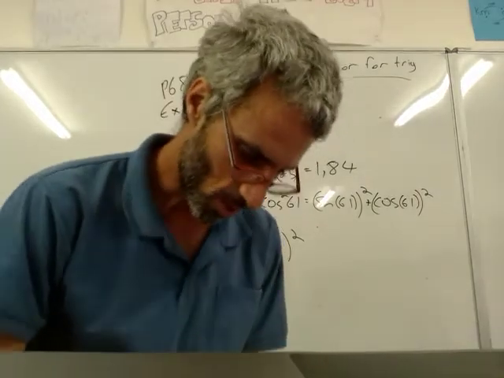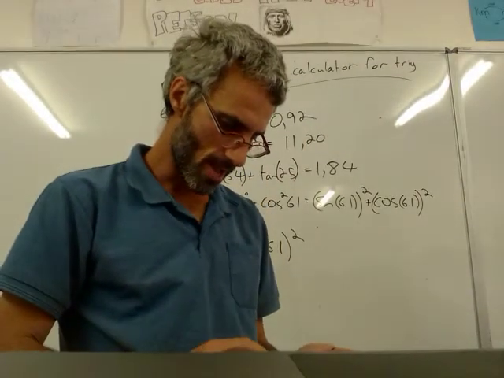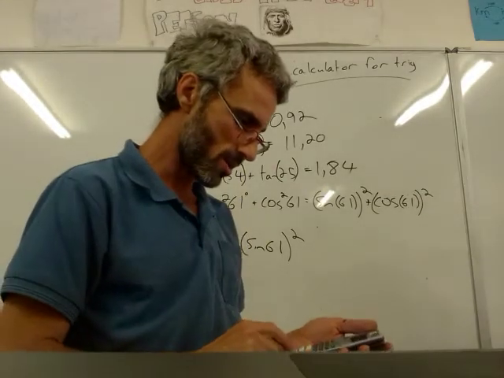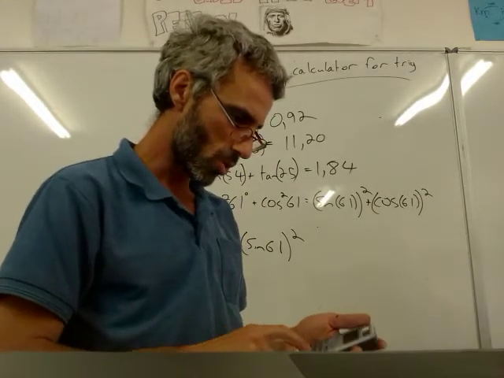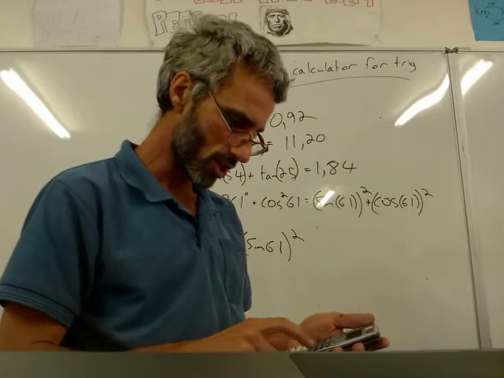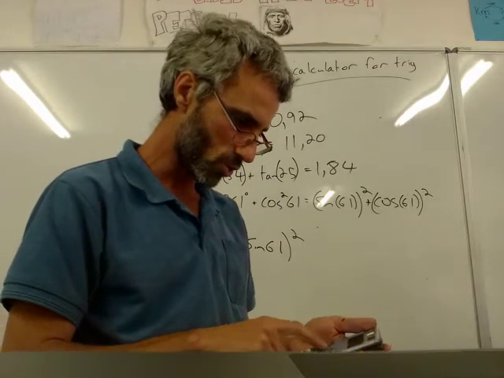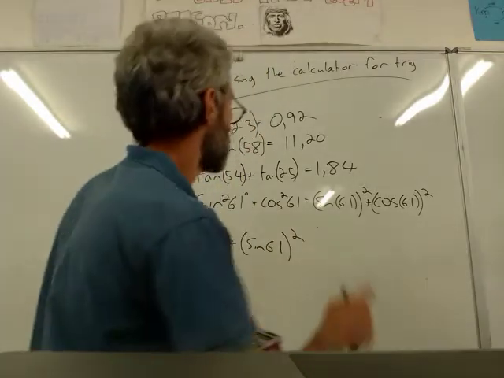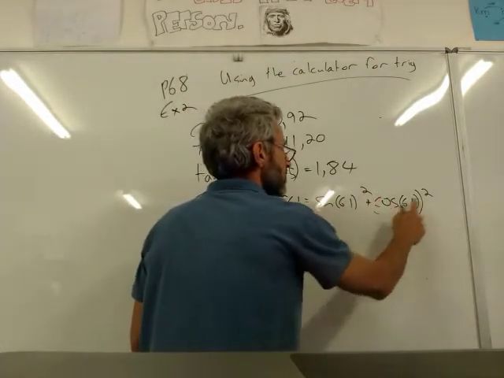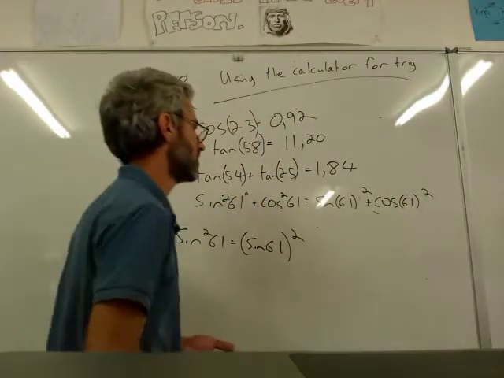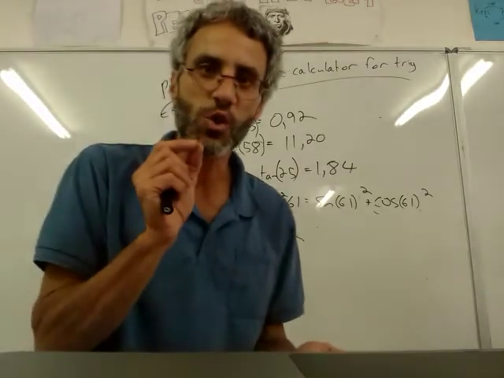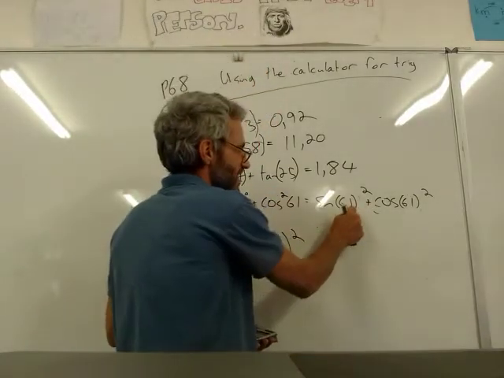So I'm going to write sine 61, and I'll close the brackets. Actually, let's have a look at what happens if I do square. It turns out you don't even need these brackets. You understand it like this, and like that. So that is the same as that, as long as the square is not inside these brackets.